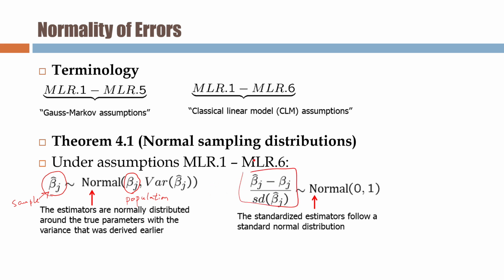This is just like x minus mu over sigma, right? It's calculating the z value. The z value always follows the standard normal distribution: mean is 0, standard deviation is 1. So this is not a new formula. This is just the z value formula.